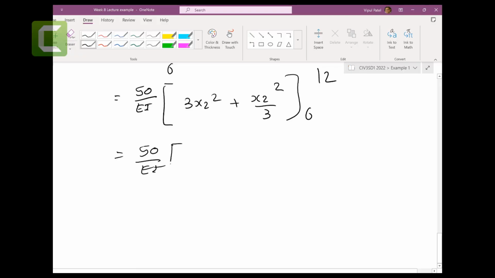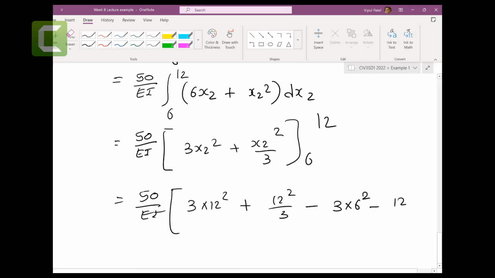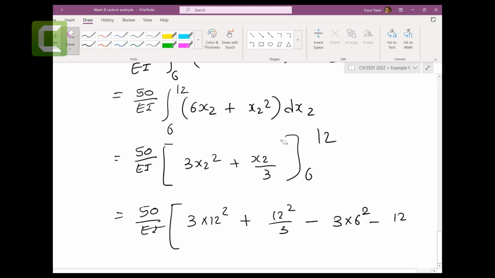3 times 12 squared plus 12 squared over 3 minus 3 times 6 squared minus, and that would be cubed.